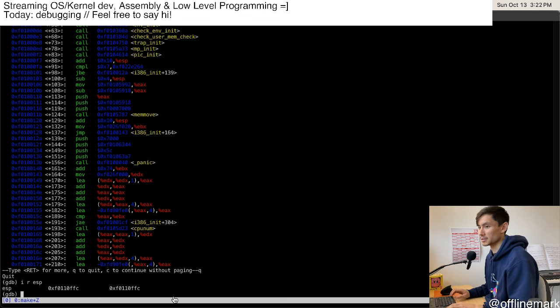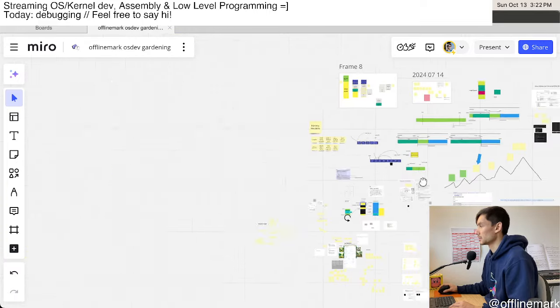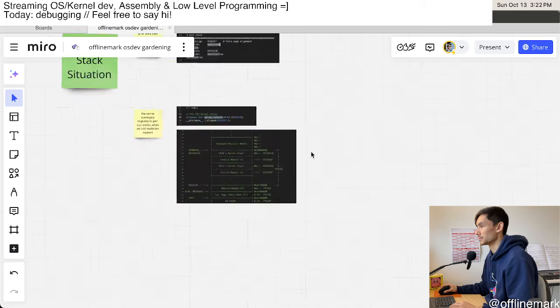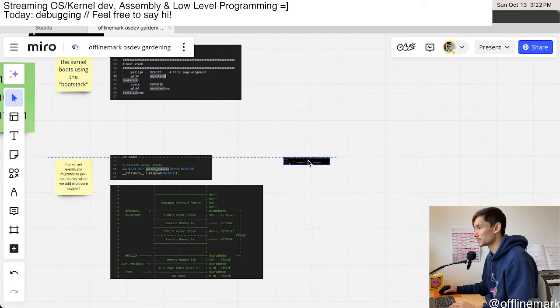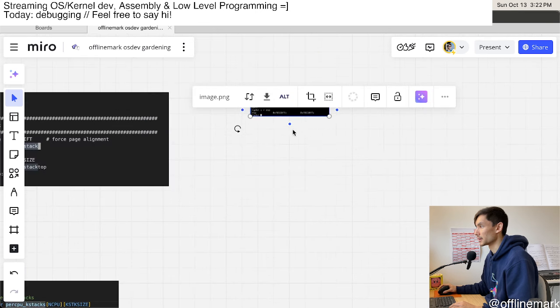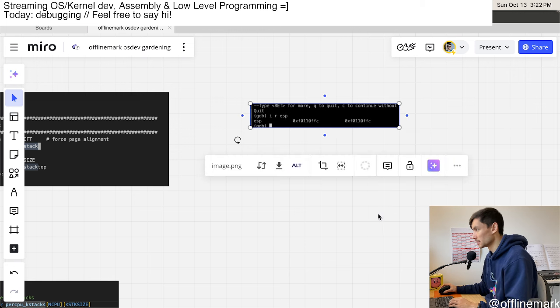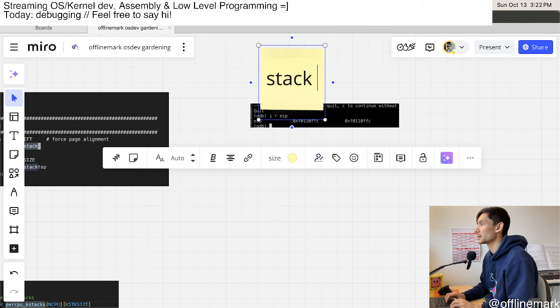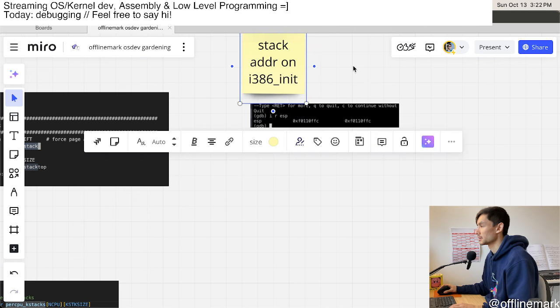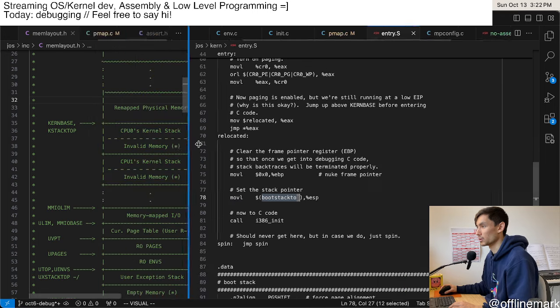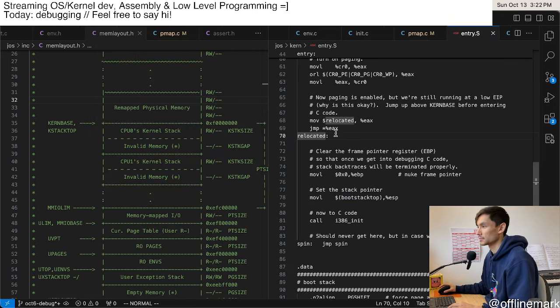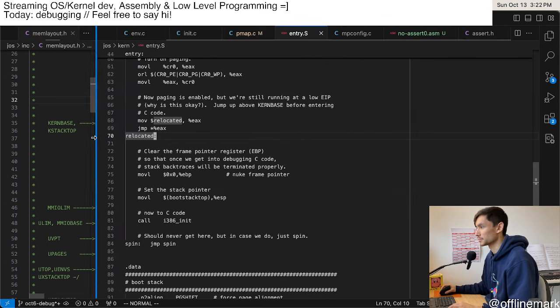So understanding the stack, here i386 init, and just to clarify, K stack top.